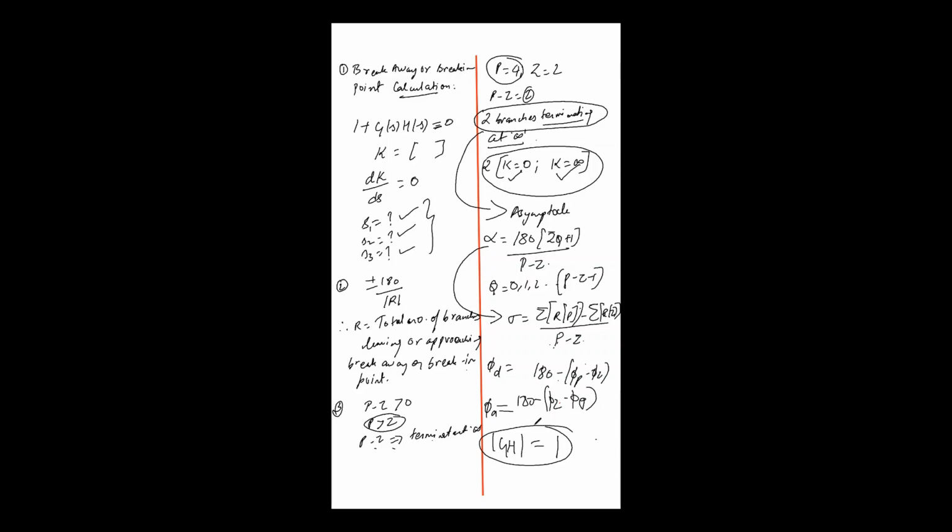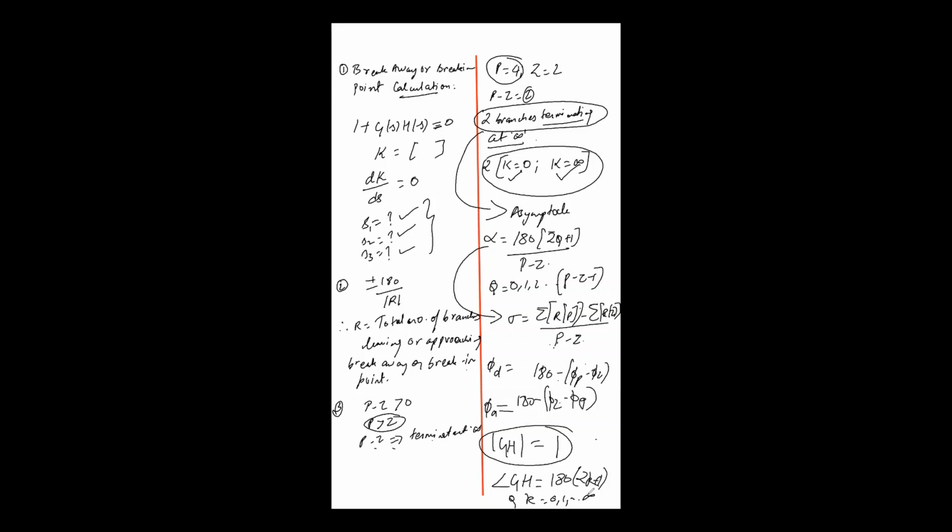Next formula is the angle criteria, where you put angle is equal to 180 degrees into 2q plus 1. Instead of q here, since we have already used q, you can write small k if you want. The small k will be ranging from 0, 1, 2 to infinity.